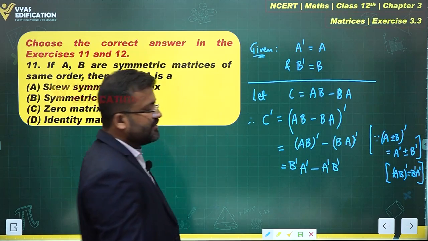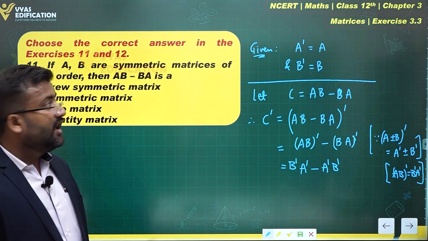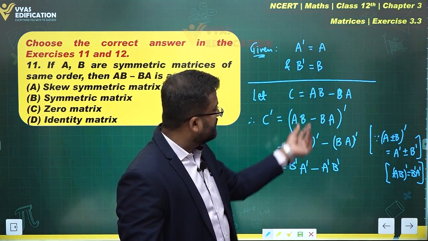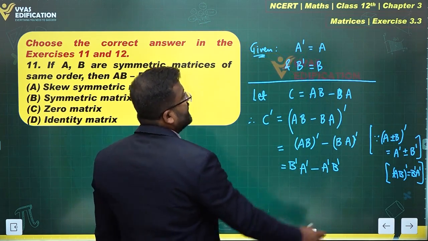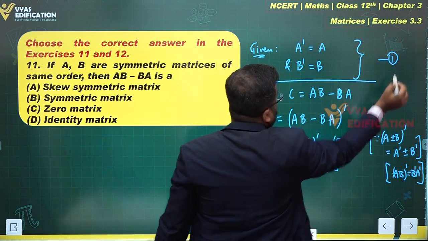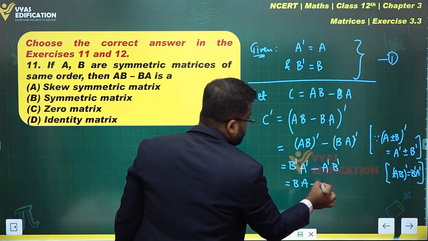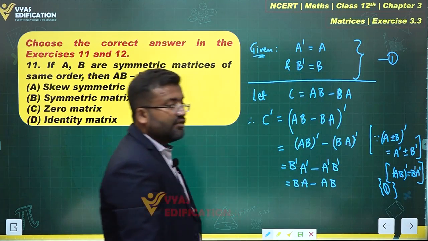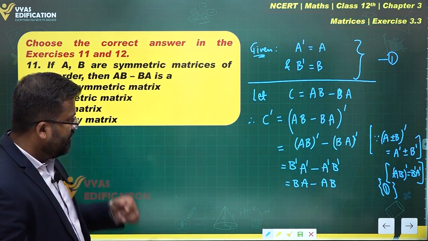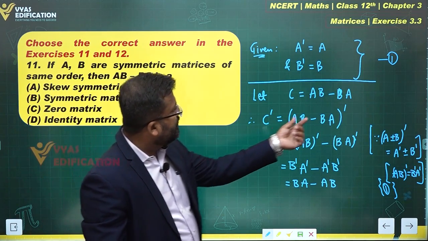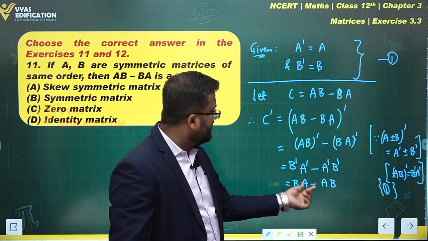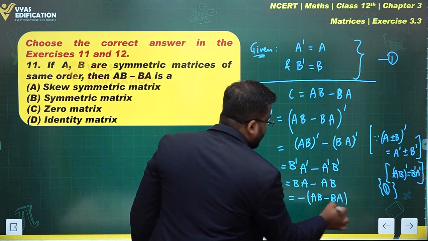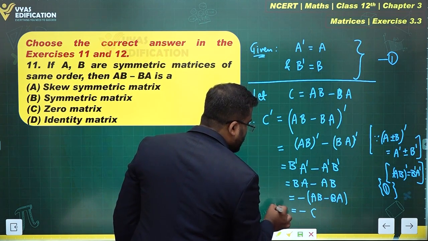We already know that B transpose is equal to B and A transpose is equal to A, using equation 1. So this becomes BA minus AB. Let's take a minus common. This becomes minus of AB minus BA, and you can observe that this is equal to minus C.